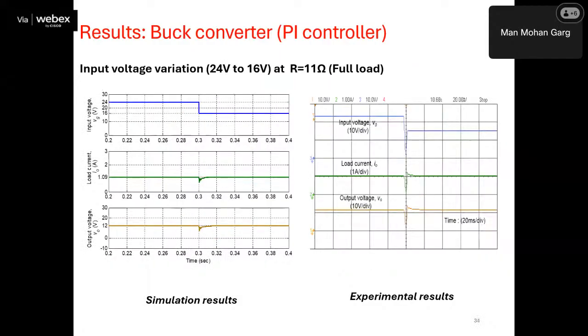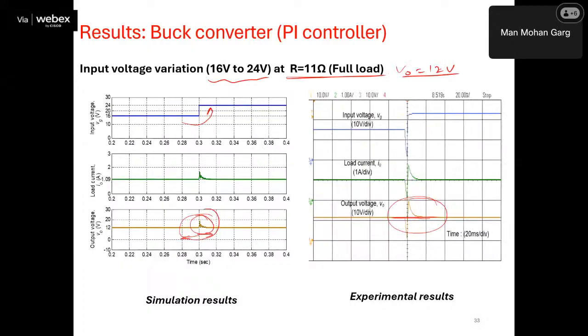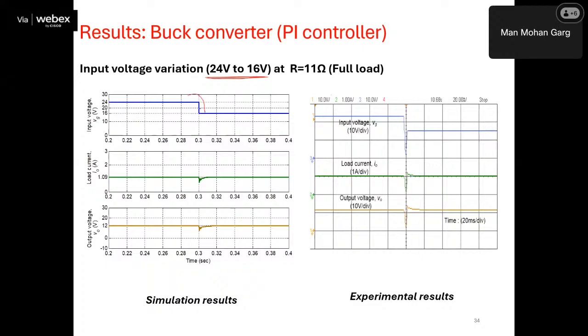Secondly, we observe the output voltage when the input voltage is shifting down. Earlier we observed when it was up. Now if the input voltage is down, you can see that initially the output voltage tries to go down and down.